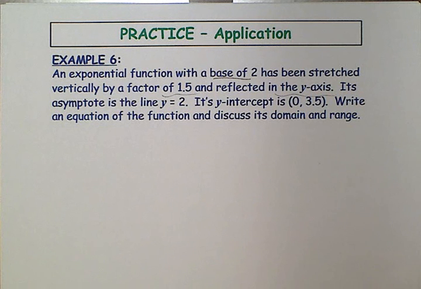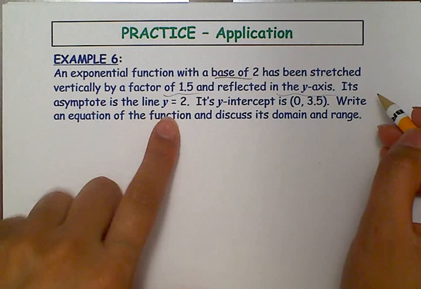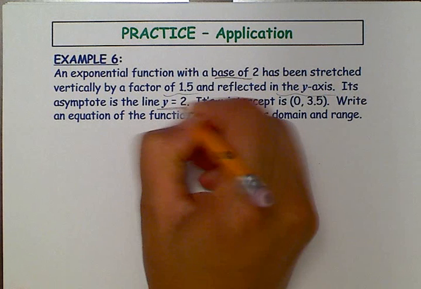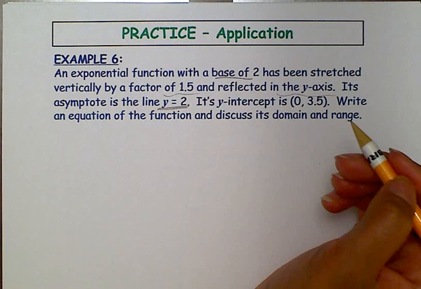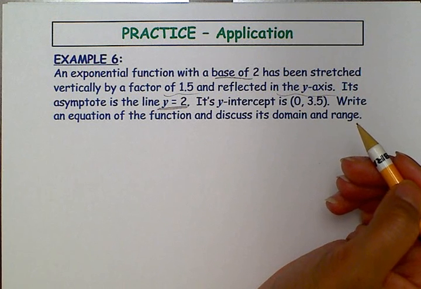It also tells me that it has an asymptote, and the equation of the asymptote is the line y equals 2. So that gives me an idea of what kind of shift up or down the graph might have. Remember that the horizontal asymptote depends on a vertical shift up and down.